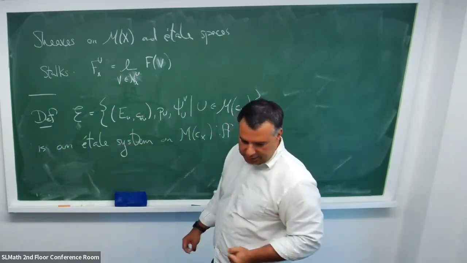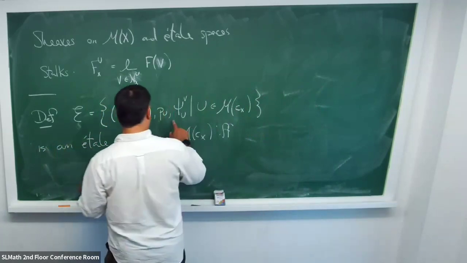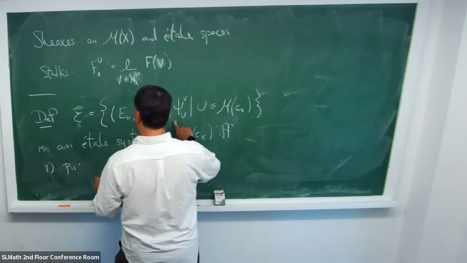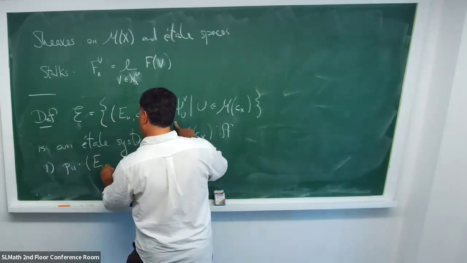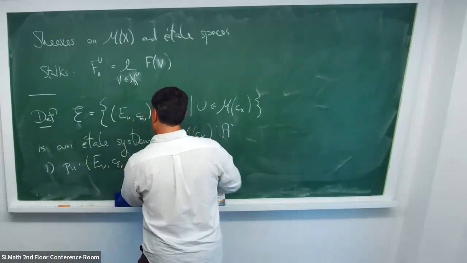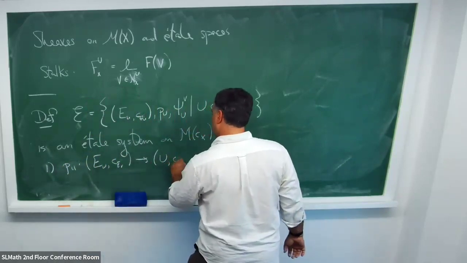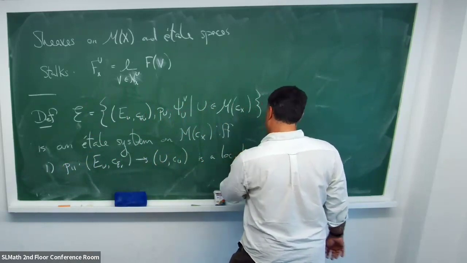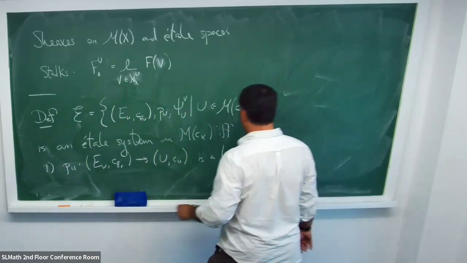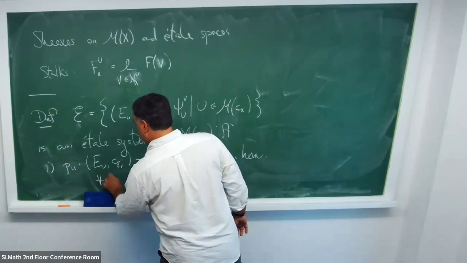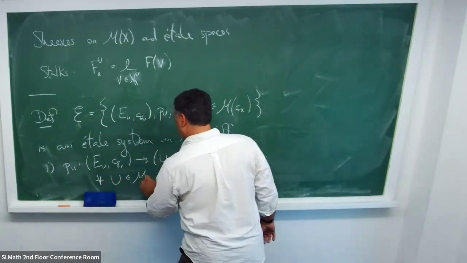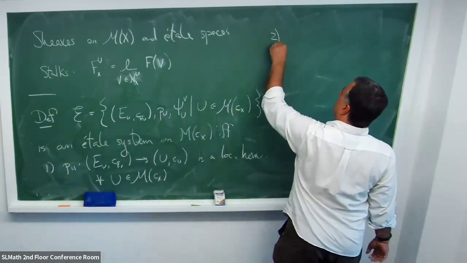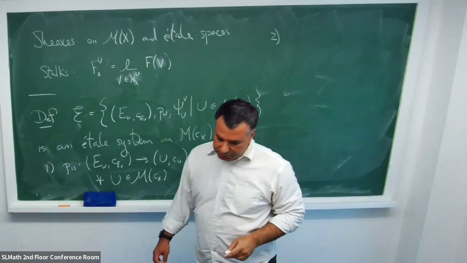Two things happen. First, this is continuous. It's a local isomorphism, for all U. And second, the following thing is true.